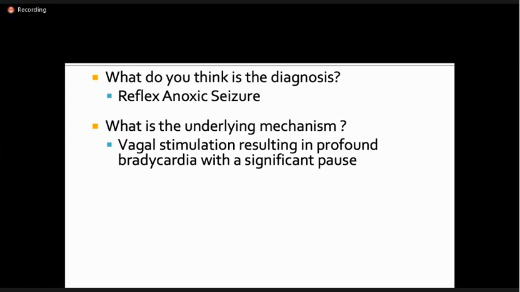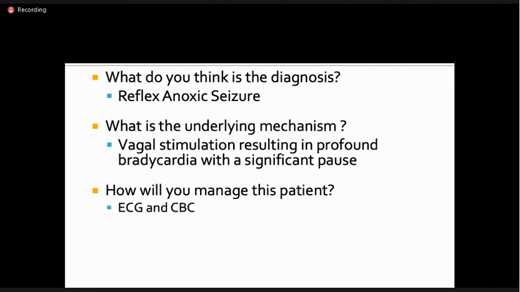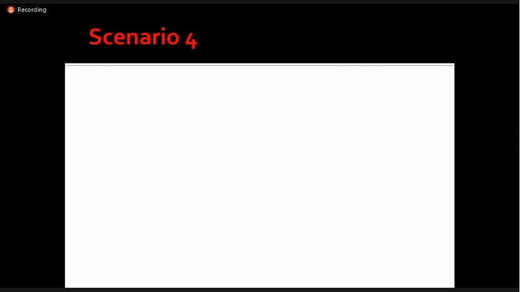We do Holters on them sometimes. Very rarely we find really long pauses on the Holter, and that really scares us. And they end up with pacemakers. Very rare, but sometimes has been done. Okay, so generally what you would do is an ECG, a blood count, check the hemoglobin, and we may start them on iron therapy. But very, very rarely they may require pacing.